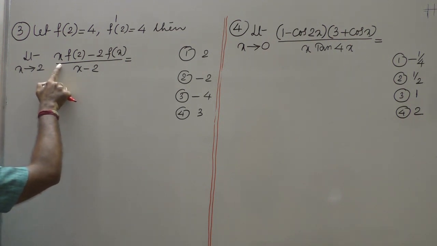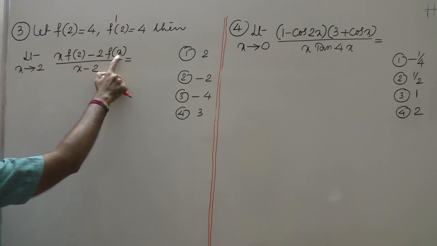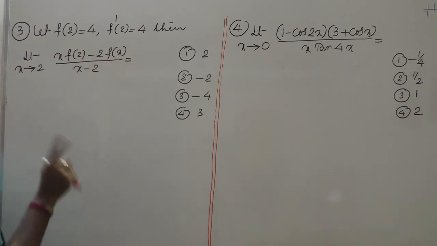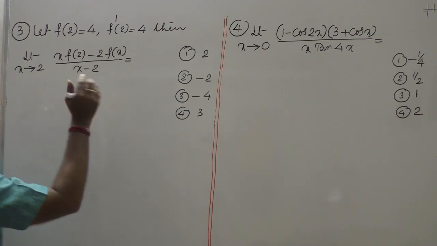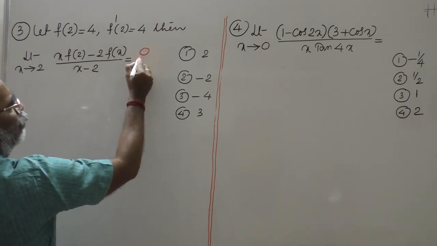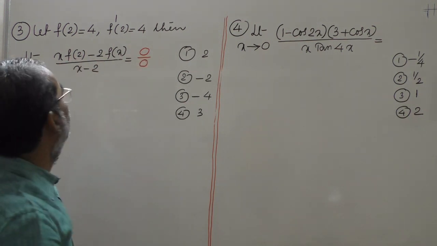Carefully see, x is tending to 2. If I write 2 in place of x here, this is 2 into f of 2, and here x minus 2, with x equal to 2, is 0. Therefore, this is taking the form 0 by 0.